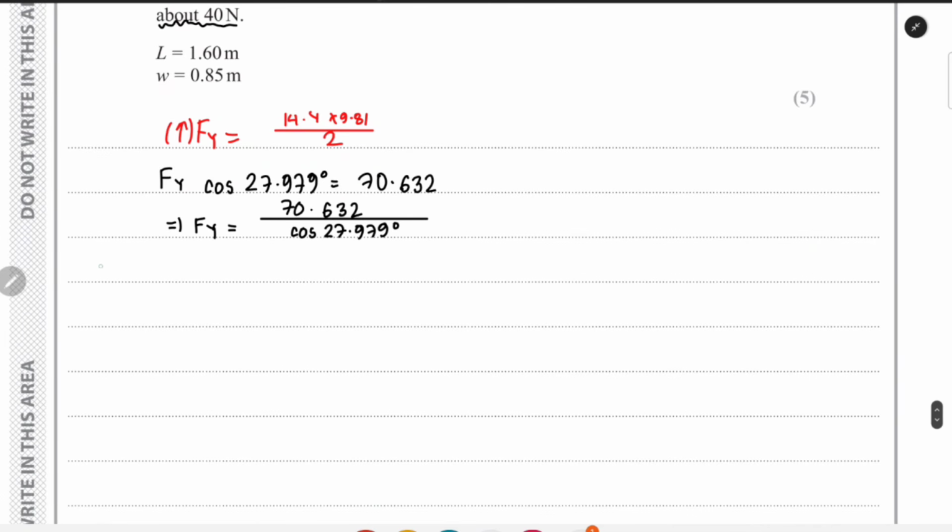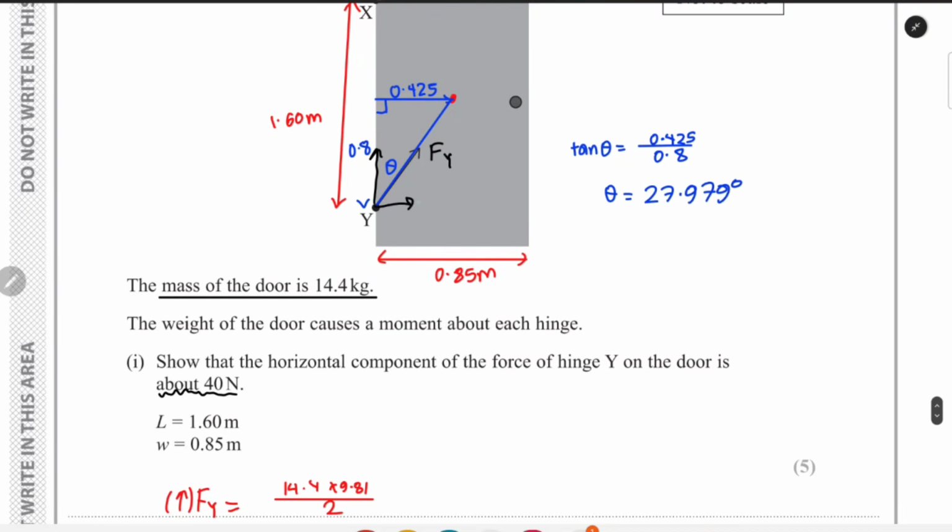So the horizontal component of Fy will be Fy sine theta.